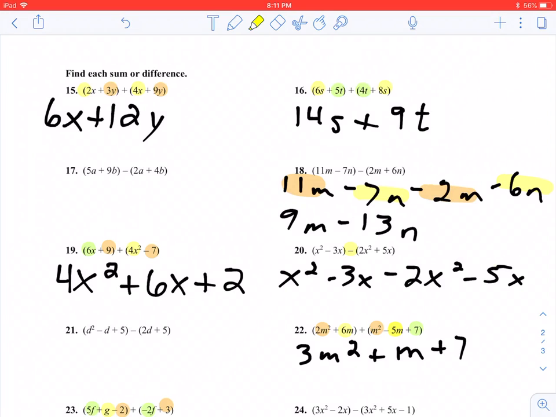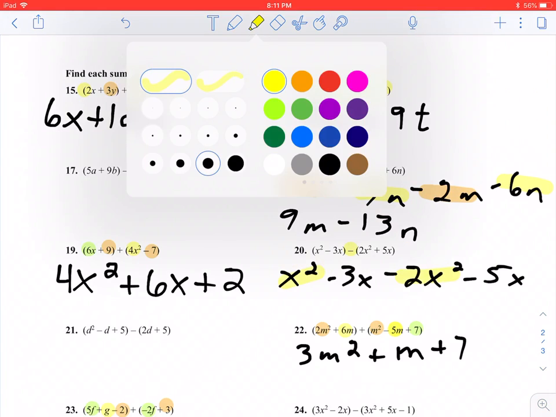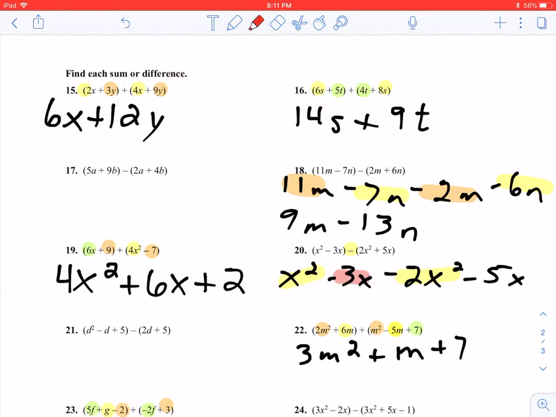Now going through and marking our like terms, we have 1x squared and negative 2x squared, and then we have, let's change it up, use some red, negative 3x and negative 5x. So x squared minus 2x squared, 1 minus 2 is negative x squared. And then we have negative 3x minus 5x is negative 8x. So there's number 20.